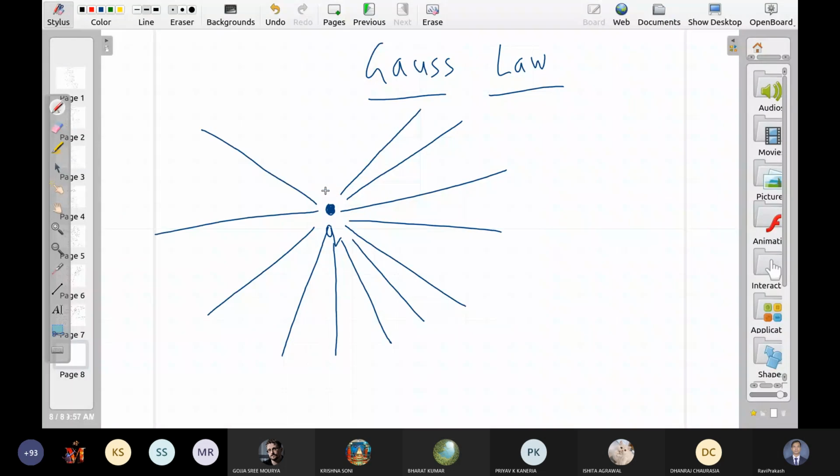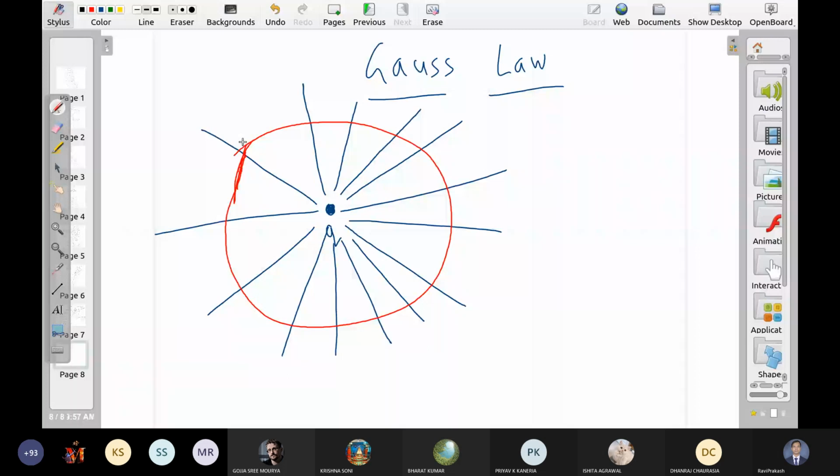Now let me put a closed surface around it. It is actually a spherical surface. How many lines are passing through this surface?